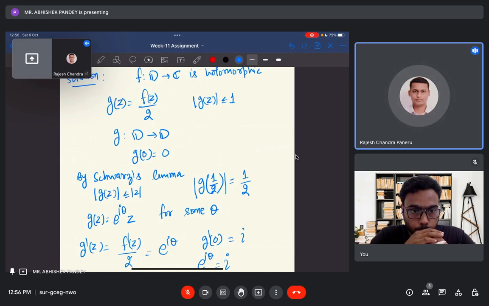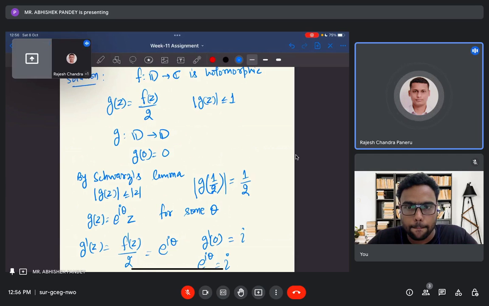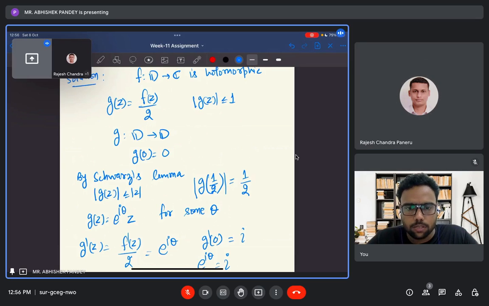Sir, if we have an analytic function, it is differentiable on the whole complex plane. Does it have a removable singularity? You have an analytic function, it is holomorphic on the whole complex plane, so it is entire.